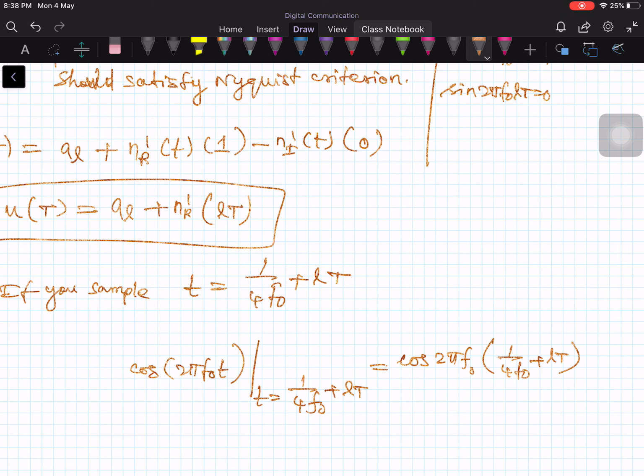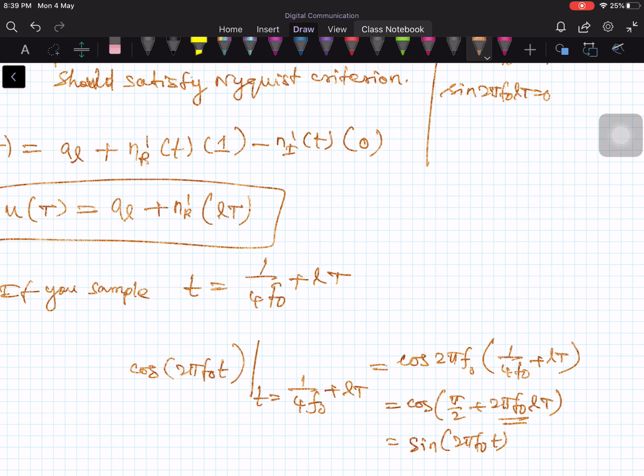So t is replaced by 1 by 4 f naught plus LT. The 2 f naught will get cancelled, so this is going to be cos of pi by 2 plus 2 pi f naught LT.